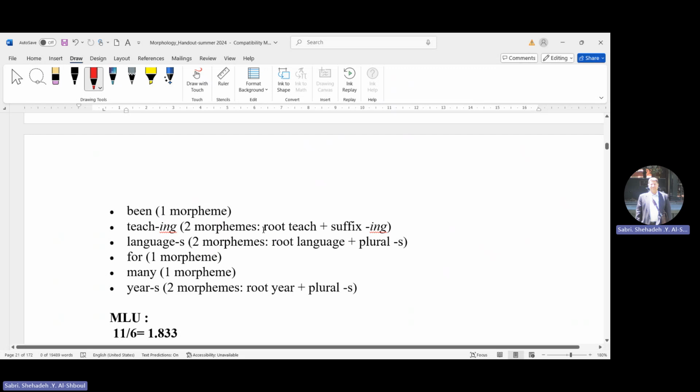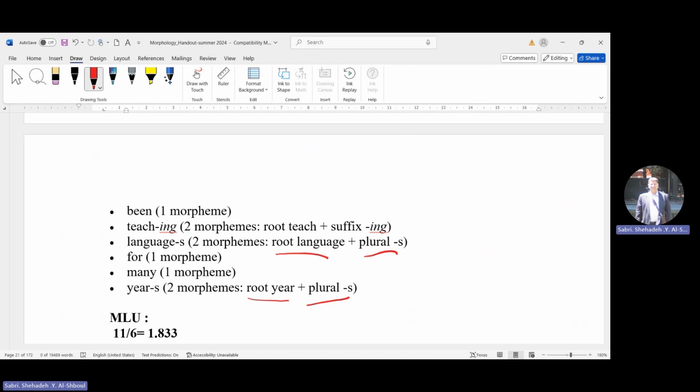It is the root teach plus the suffix ing. Languages is also two morphemes. It is the root language and the plural s suffix. We have for, which is one morpheme, many, one morpheme, and years, which is two morphemes. It is the root year as well as the plural s suffix.